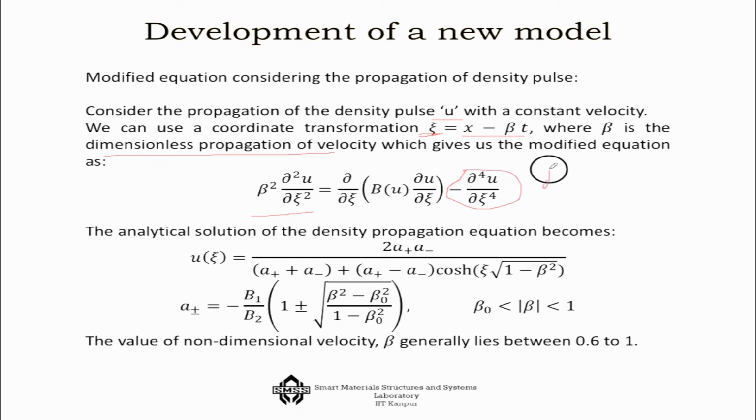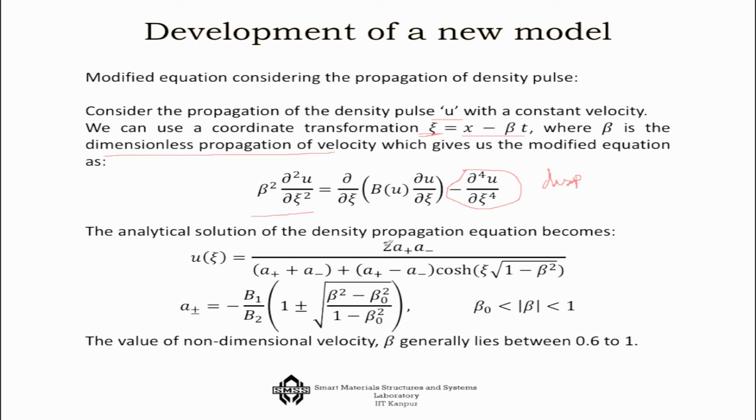Again, we have to keep in mind that if this dispersion is not there, then the system will be a conservative system and it will not give you the relationship which is very important for us in terms of the propagation of the wave.